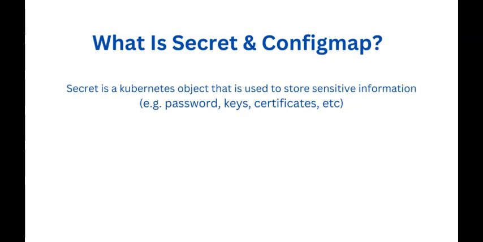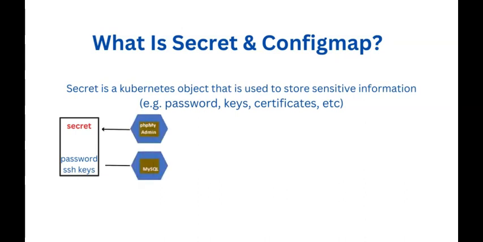So the way it works is that the secret resource is going to be created separately, either by using the command line or YAML. Then the application pod or any other resource can reference the secret, which basically means that what needs to be referenced needs to be created first.